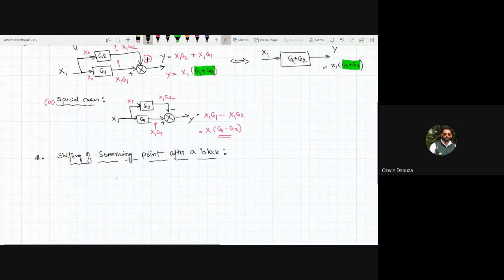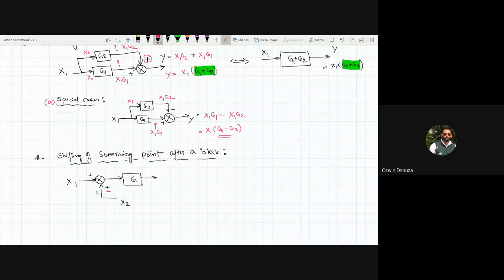To understand this particular rule, first let us create a small block diagram. Let's say you have a summing point of this kind. Let's say some signal X1 is here and some signal X2 is here, and let us consider this as plus or minus.